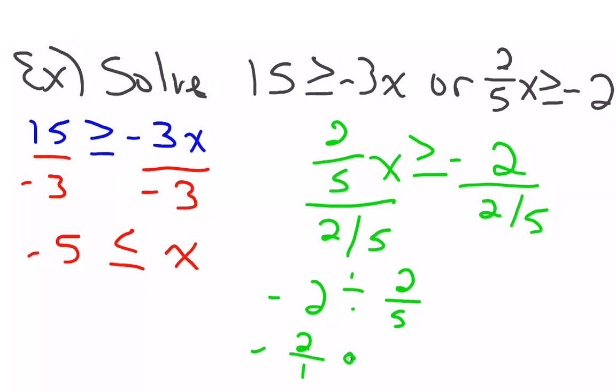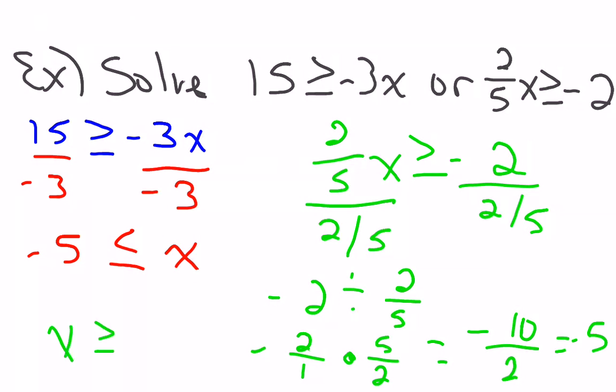We don't actually divide, we multiply, but we flip those fractions, and then we multiply straight across. So negative 2 times 5 is negative 10. 1 times 2 is 2. Negative 10 divided by 2 is negative 5. So x is greater than or equal to negative 5.